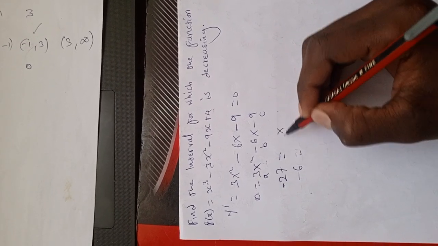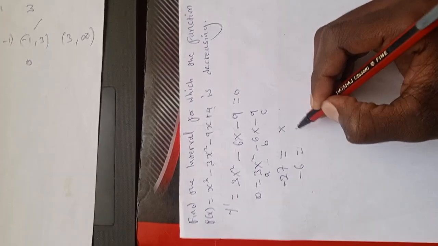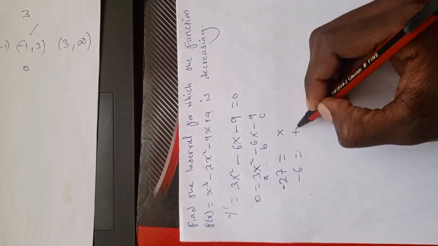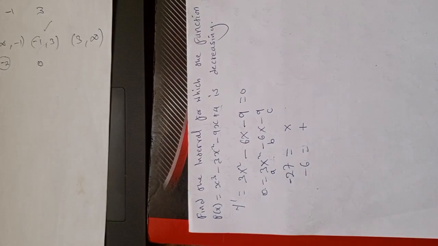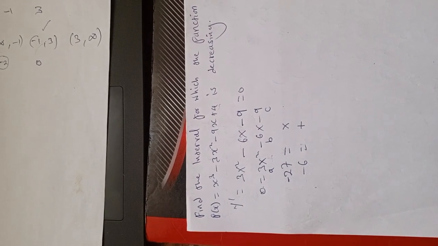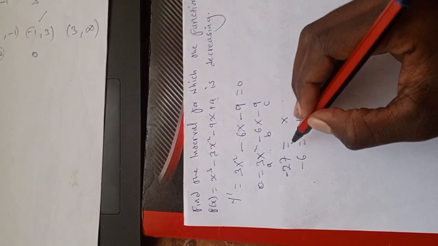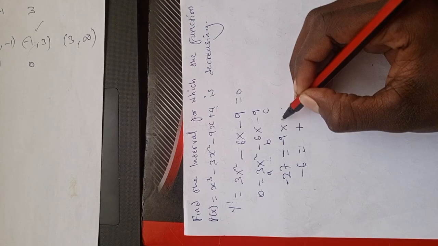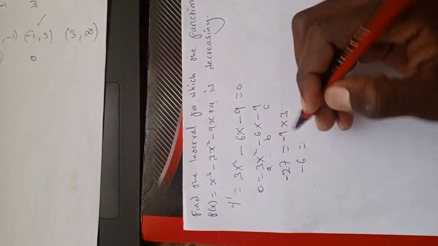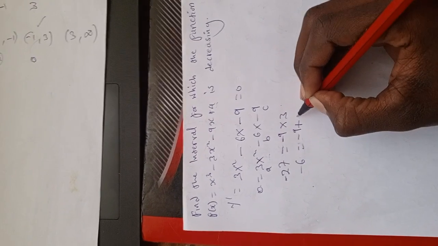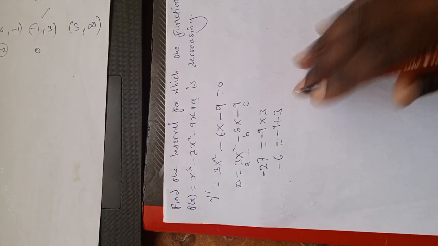When I multiply them, I get negative 27. But once I add them, I'm getting negative 6. For this one, it was very simple for us because we can use these two numbers. When I get negative 9, I multiply it by 3, I'm going to get negative 27. The same two numbers, when I just add them, they're going to give me negative 6.